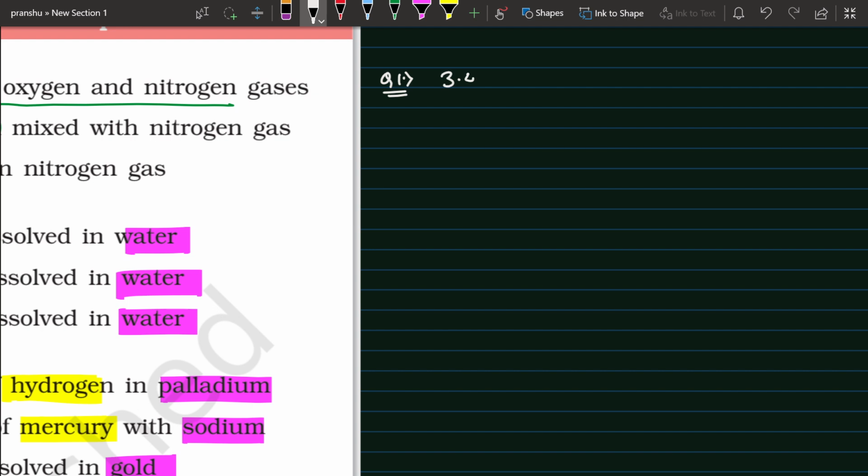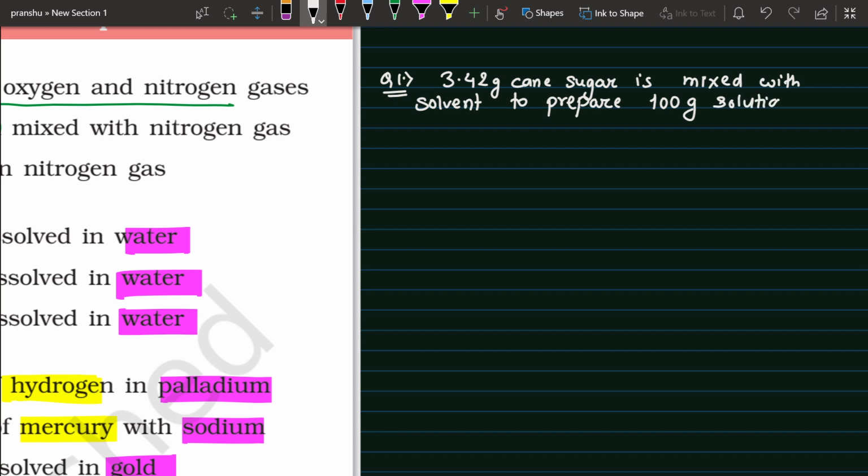If 3.42 gram cane sugar is mixed with solvent to prepare 100 gram solution, then find the percentage by mass of cane sugar.